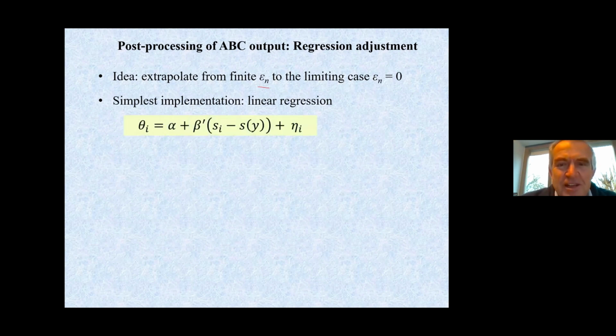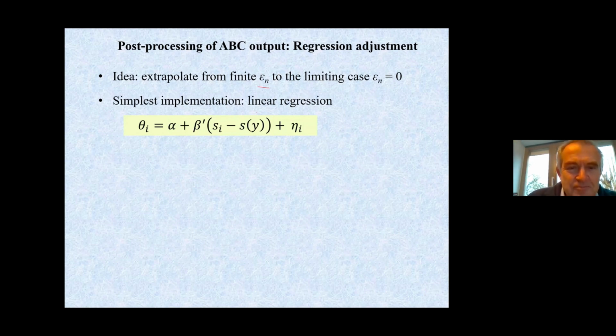The simplest one is a linear regression. You simply extrapolate from the case of finite differences of moments to the case of no difference. How would the parameters look if the moments would be exactly the same between the empirical and the simulated data?